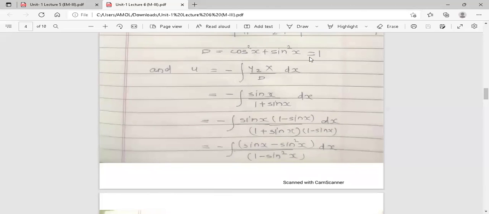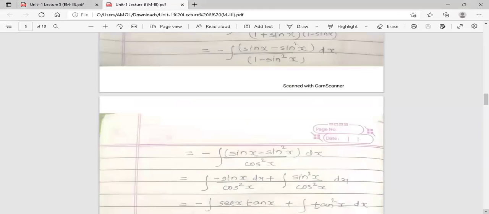If we shift this sin square x, then 1 minus sin square x is cos square x. So you replace 1 minus sin square x by cos square x. And so the term is sin x minus sin square x upon cos square x. Now separate these two terms. There are two terms, separate these two terms, and the minus sign is also there.